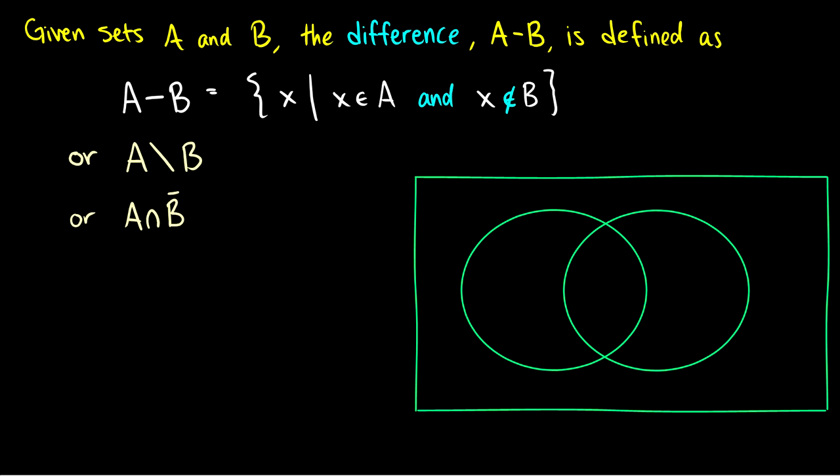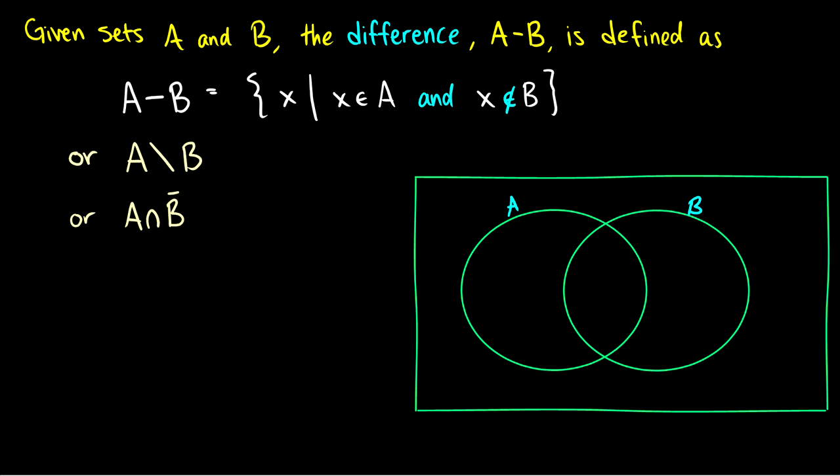The last operator I want to talk about is the difference. So A minus B. This is sometimes written A backslash B or A intersection B complement, which is exactly what it is. And I think it's best described visually.